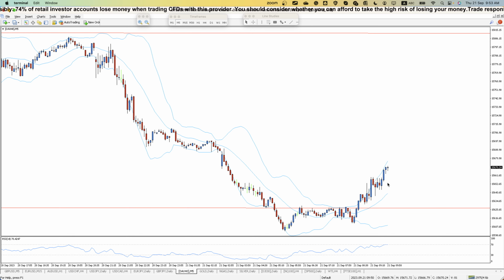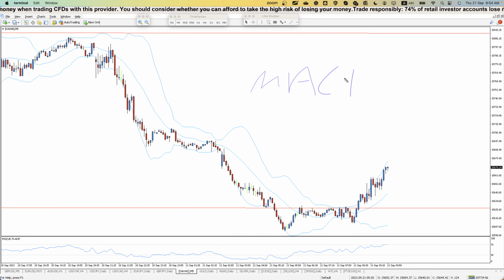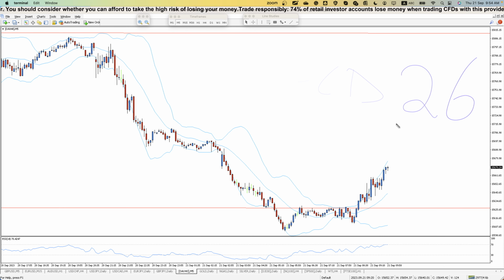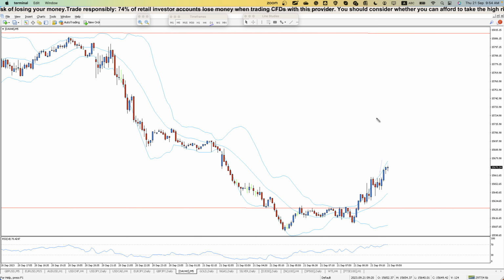However, the MACD also calculates 26 periods of the previous candles. If you are looking at the daily chart, it calculates 26 daily candles, so it's more weighted on the divergences.